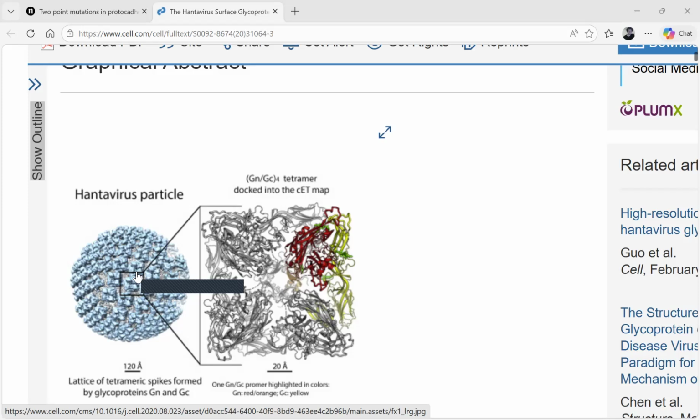Now, the Old World hantavirus was isolated and identified in 1976 in field mice near the Hantan River in South Korea. And it was known to cause Korean hemorrhagic fever.